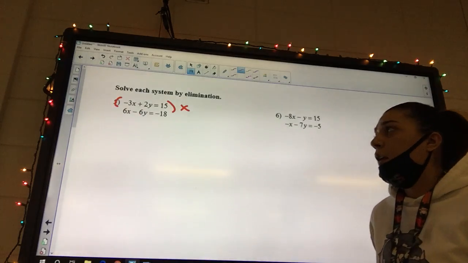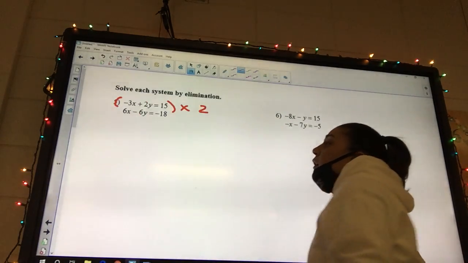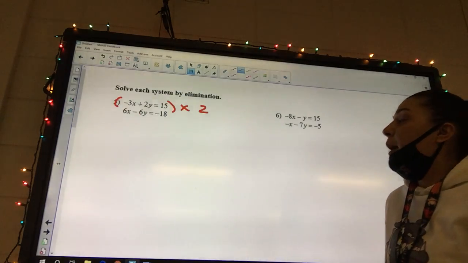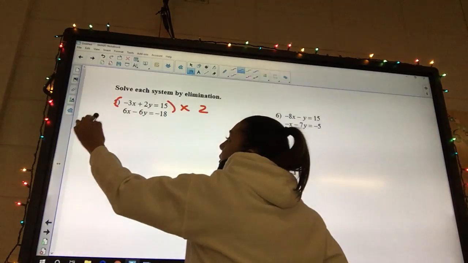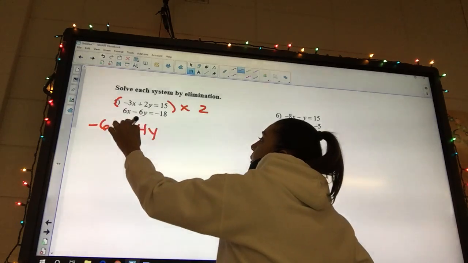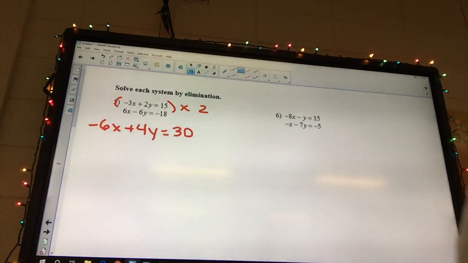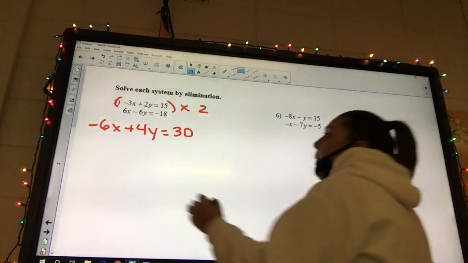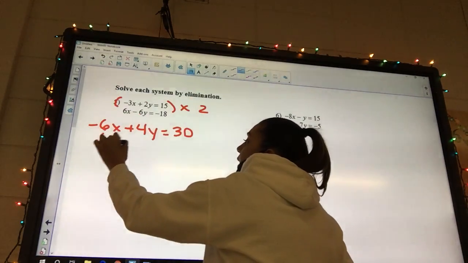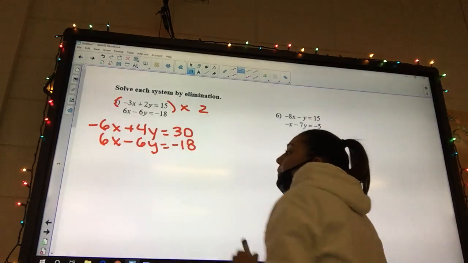And what do I need to multiply by? 2. Okay, so if I multiply the whole top equation by 2, I'm going to have negative 6x plus 4y equals 30. Are we changing anything with the bottom equation? No. So it's going to be 6x minus 6y equals negative 18.